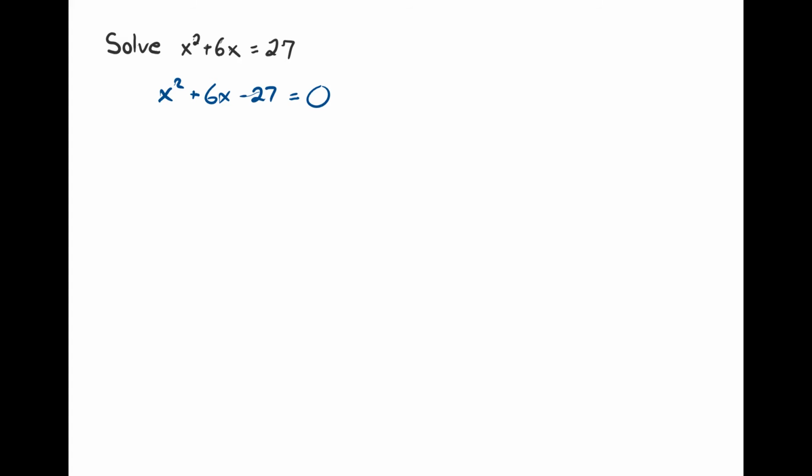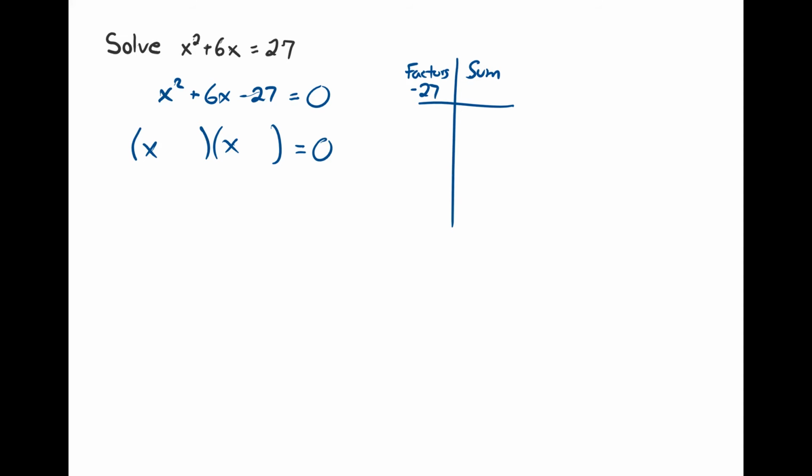Now I'm going to try and factor this trinomial with a lead coefficient of 1, which means it's going to be of the form x plus some number times x plus some number equal to 0. Where what are those two numbers? Well, they are two numbers that multiply to negative 27, that is factors of negative 27, but add up to 6.